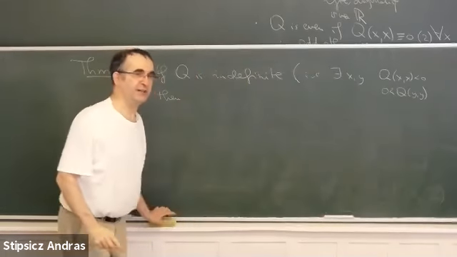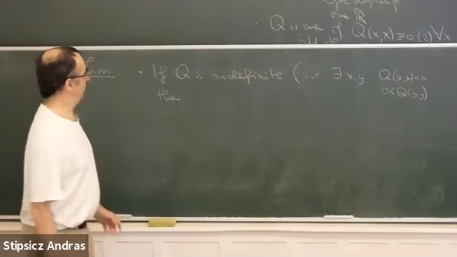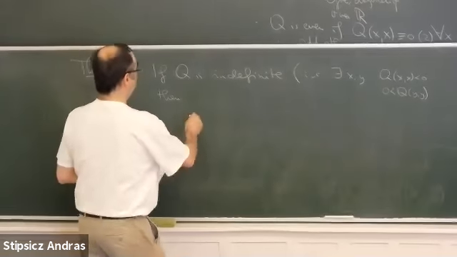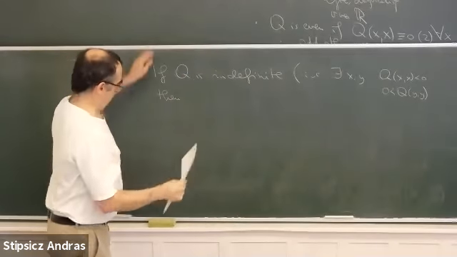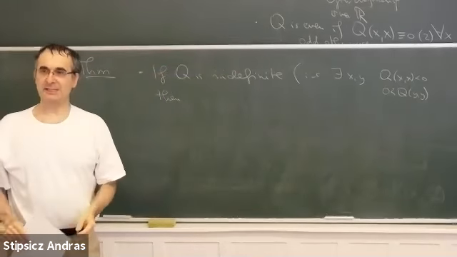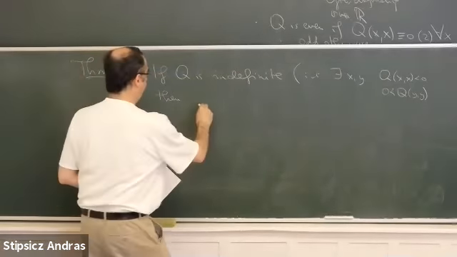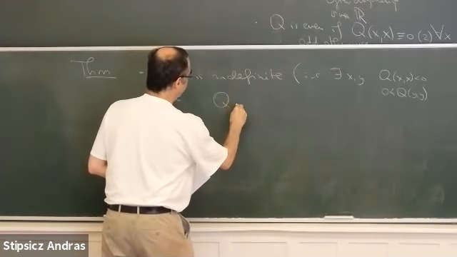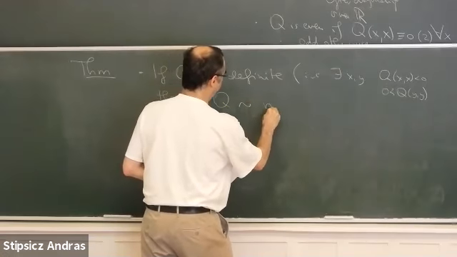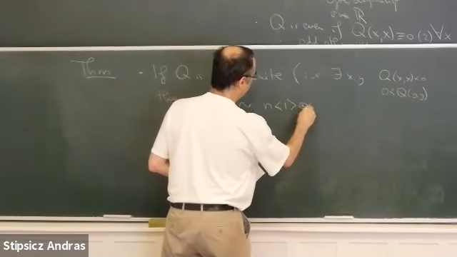So if there are different signs of squares, then we have the following. These three numerical invariants completely classify Q, and indeed Q is equivalent to the following form.